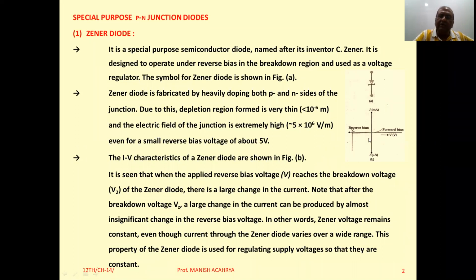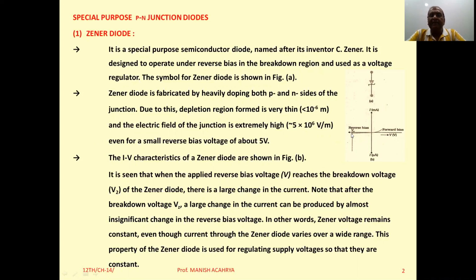Now, if we carry out the study related to IV characteristic of PN junction diode, then forward bias characteristic is as it is, just like normal PN junction diode. But there is a slight change in reverse bias characteristic.